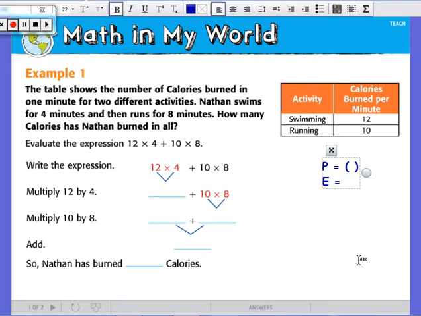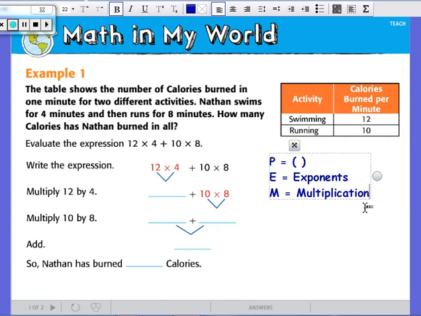And I don't know how to do exponents on my computer, so we'll just put exponents. M, multiply. Multiplication. So better move that over there. D, division.